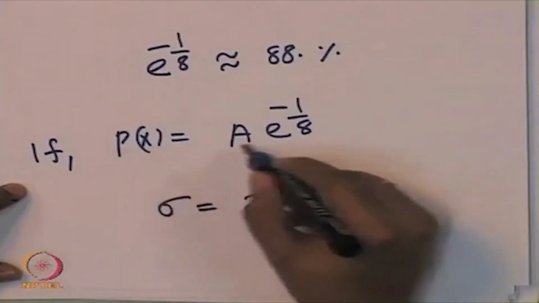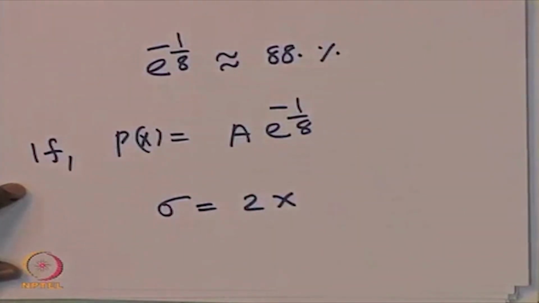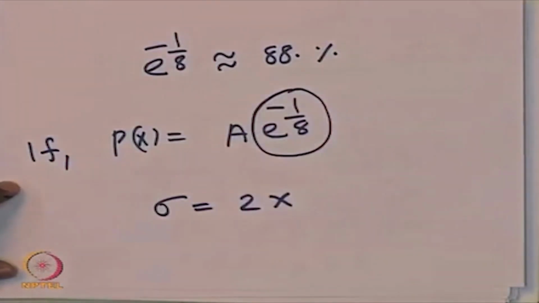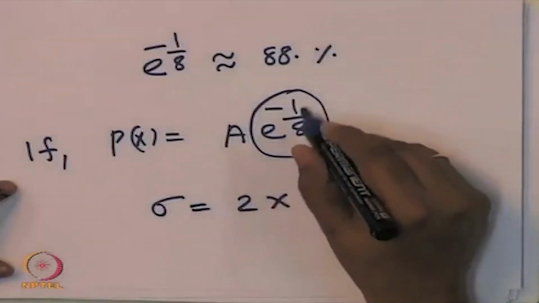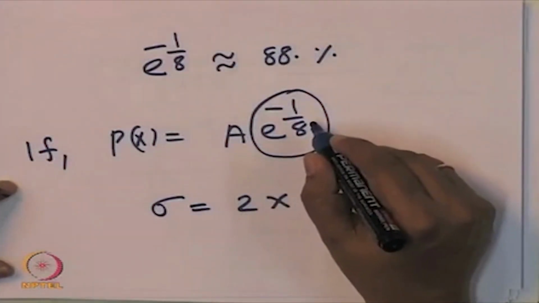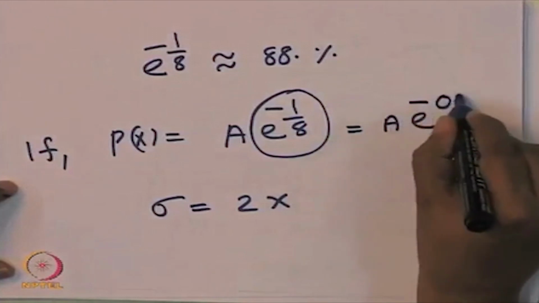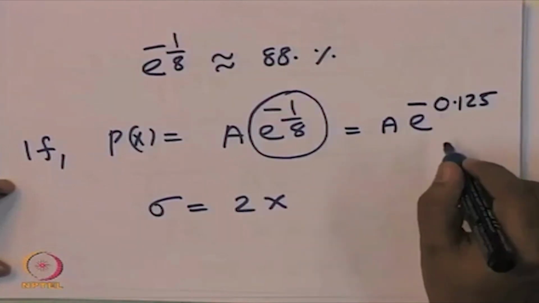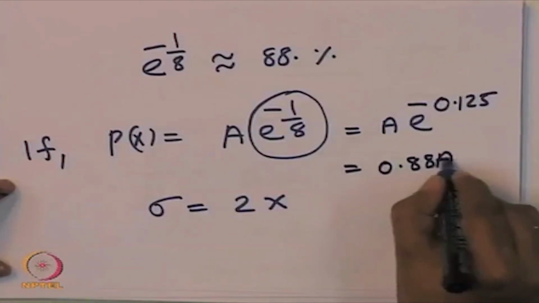So, if I look at 88% from this peak, you multiply the peak by this particular number, which turns out to be 88%, because 1 by 8 is around 0.125. So, e power minus 0.125 comes to 0.88, something like 0.88 of a approximately.